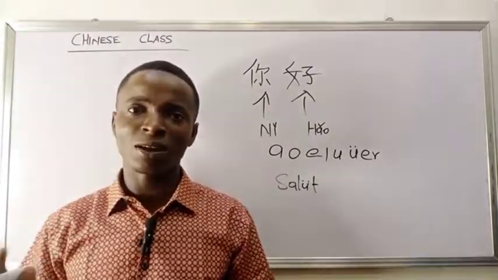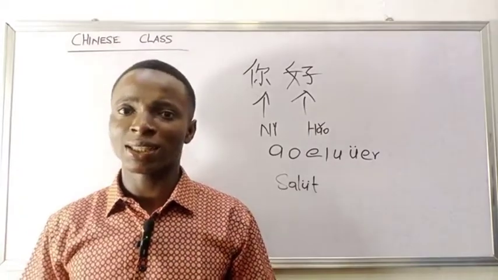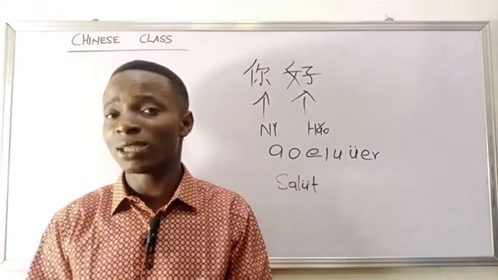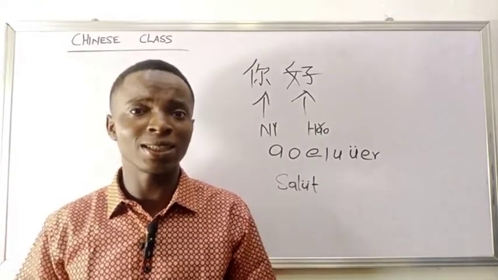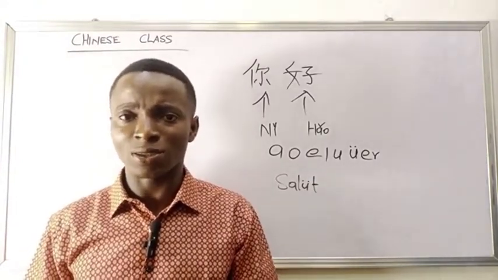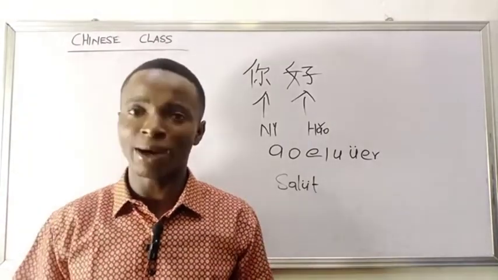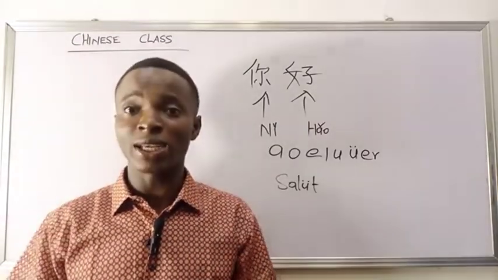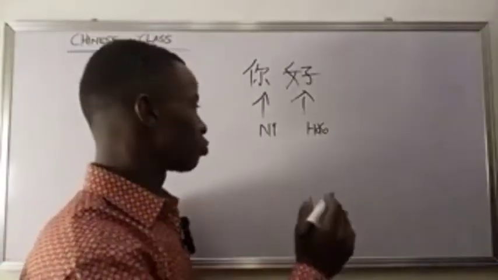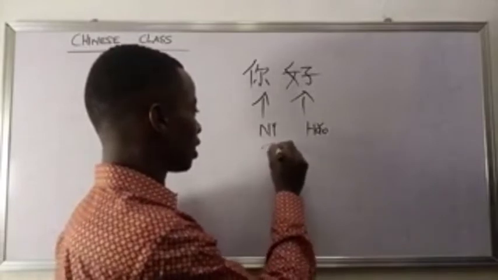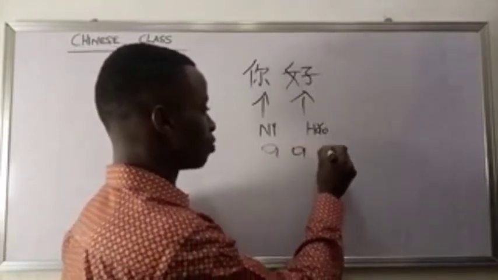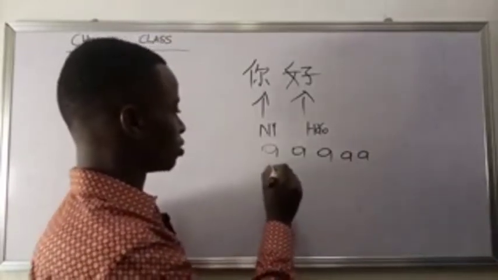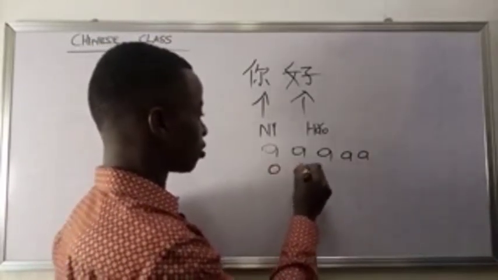Then, remember, I would like you to take note of this. At times, these simple finals can also stand alone without anybody. They can stand alone and still make sense. But before we talk about that, let's see how we can add the tones on them and see how they change. So practicing the finals with tones, remember we said we have 5 tones, so we are going to practice them today.